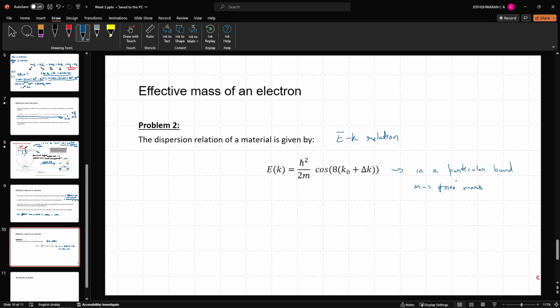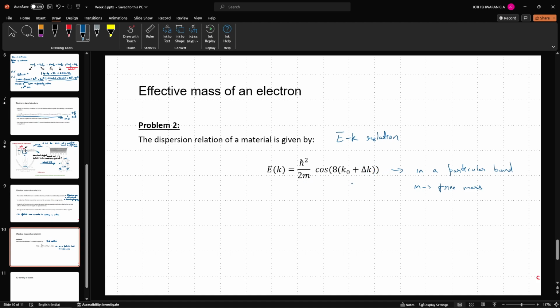I'm not saying this is an electron, this is a particle in some environment, there is some potential. After solving the Schrodinger equation for that potential, this is the energy expression that I'm obtaining for a particular region of k. For that, I will have to define what k naught is and what the allowed values of delta k are.